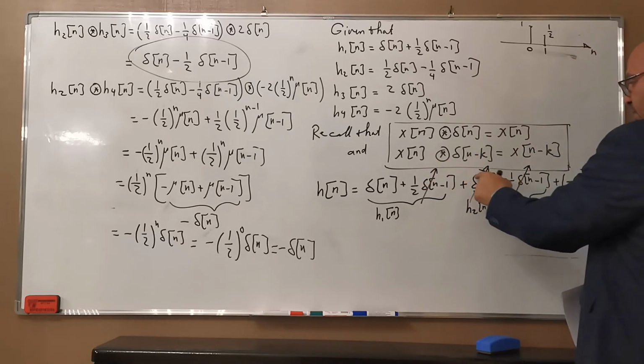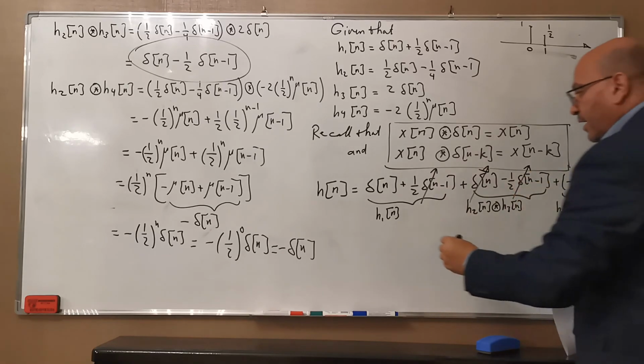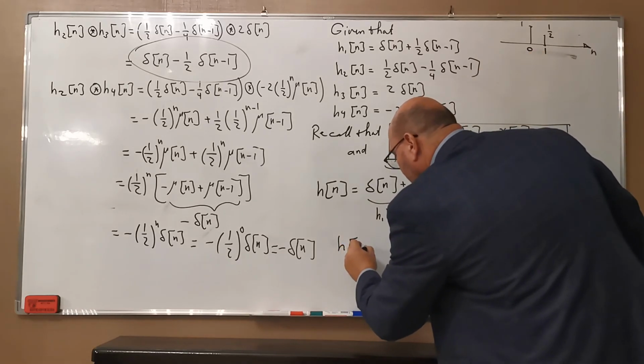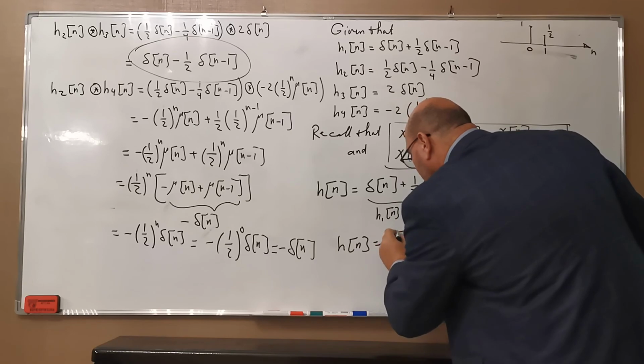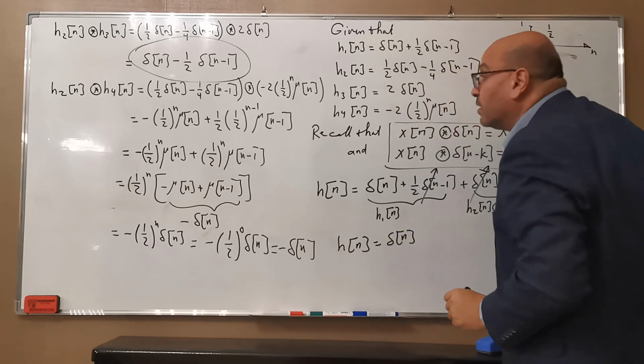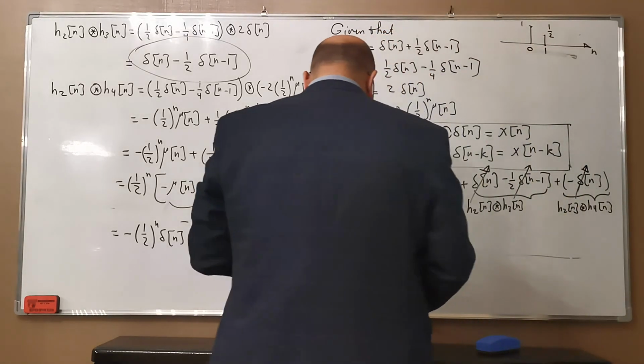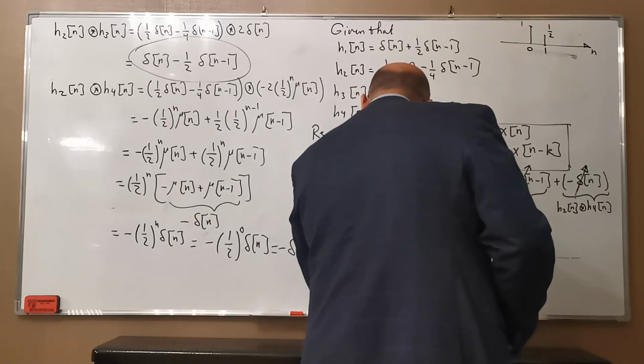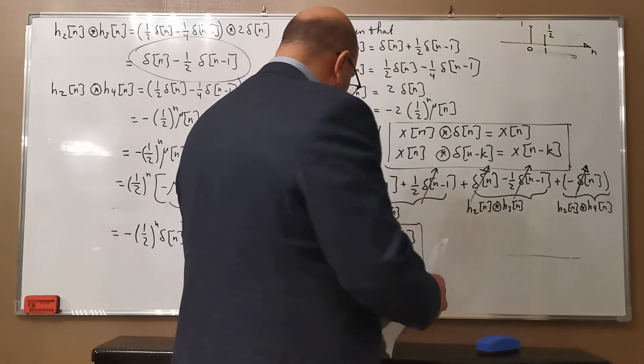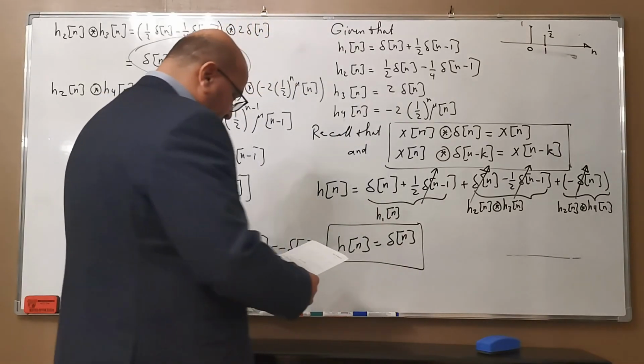So this one with this one, this one with this one, and h of n is equal to delta of n. Okay? So this is our final answer: h of n is equal to delta of n.